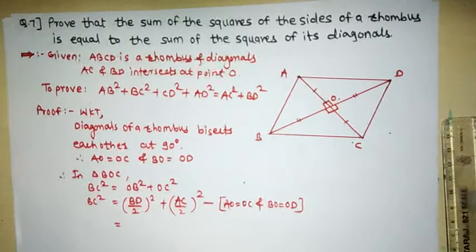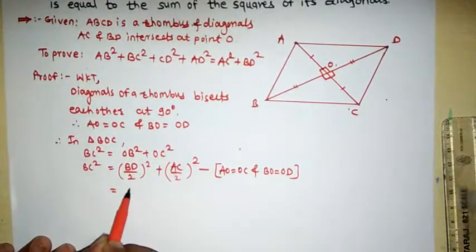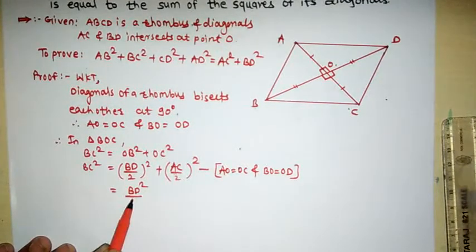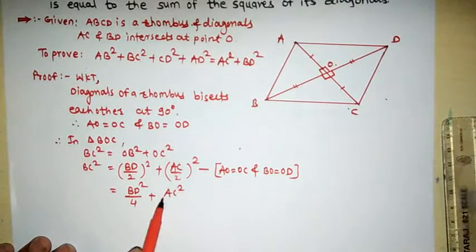Now, after squaring here, what we will get? BD square divided by 4 plus AC square divided by 4 is equal to BC square. Now, multiply the whole equation by 4.